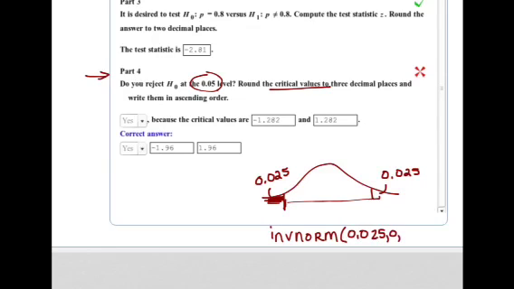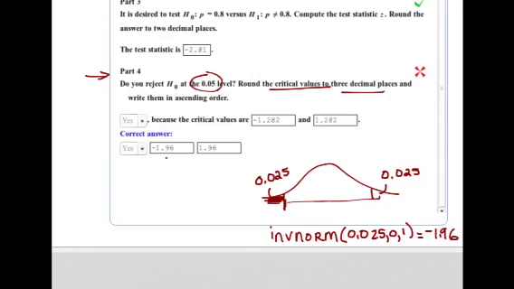And the mean is 0, standard deviation is 1 if the calculator makes you do that. And when I enter that, I get negative 1.9599, so that rounds to 1.96. Even though it says round to 3 decimal places, it rounds to 1.960. So that's how we get that left critical value.